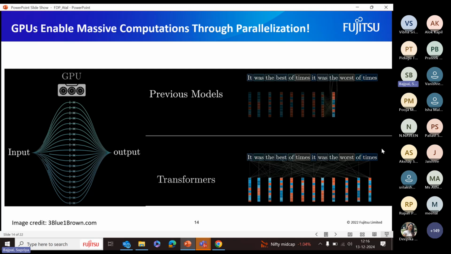So it became possible to divide it into chunks of computations and use the GPU to do a lot of computation in parallel. It was only because of transformers that such big LLMs and models were possible to train.